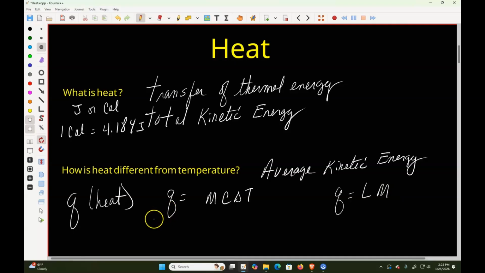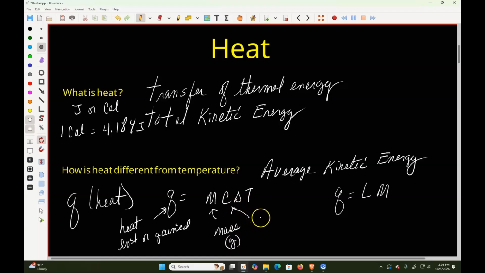This Q is going to be the heat lost or heat gained. M will be the mass, and we're going to use grams here.